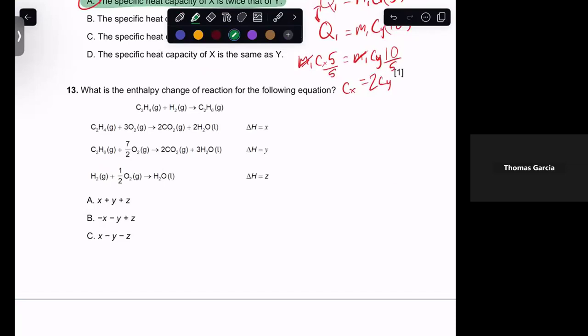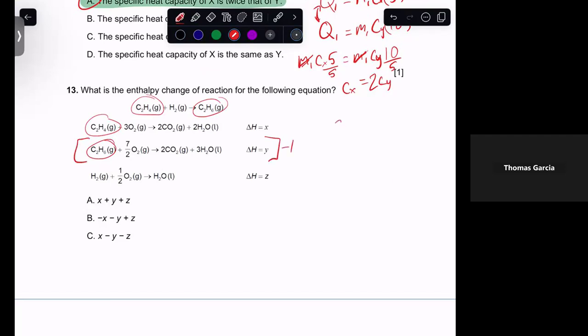What is the enthalpy change of reaction for the following equation? Again, we're just going to try and identify where each part is. I notice that CH4 is on the reactants, so no change. I notice C2H6 is on the products in the equation, but it's on the reactant side in the given one, so I need to multiply this whole thing by -1 to flip it.